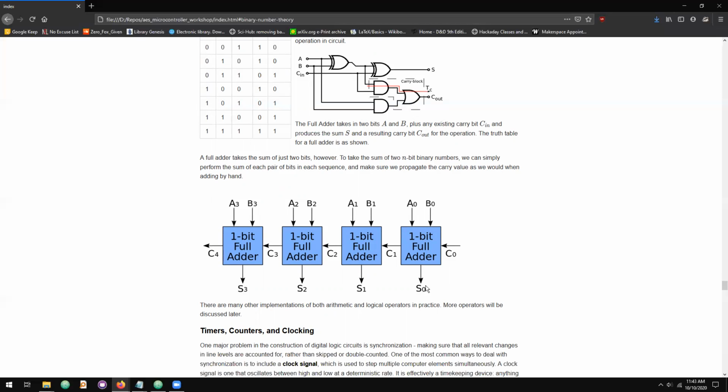We get the sum for that bit, but then we send the carry value to the next adder. So if AN is the first binary number that we're adding and BN is the second binary number that we're adding, we'll get sum N. And that's some binary number that represents the addition of both of those 2 inputs.